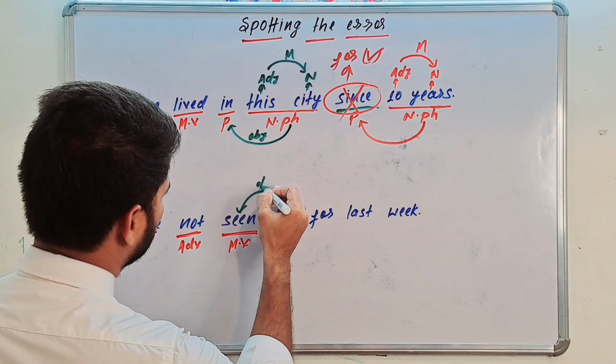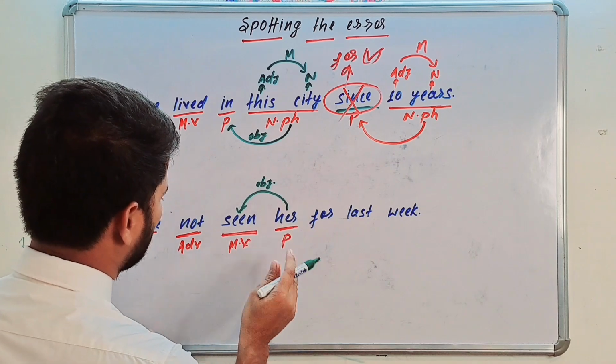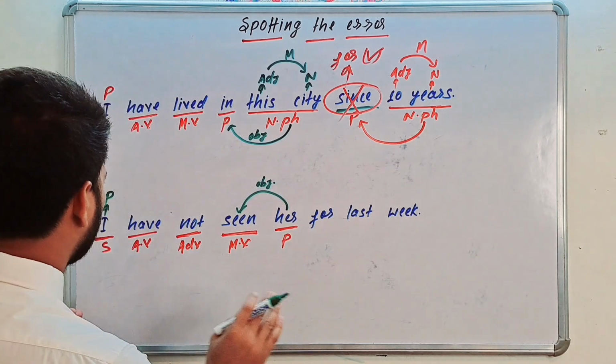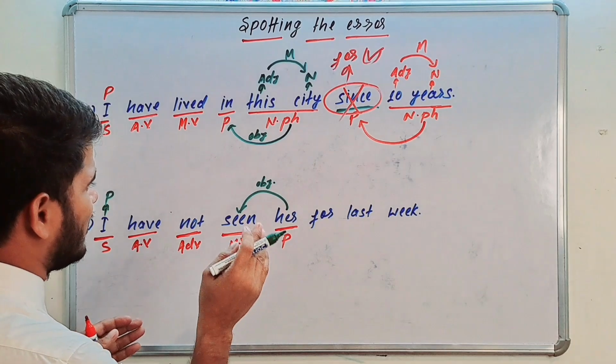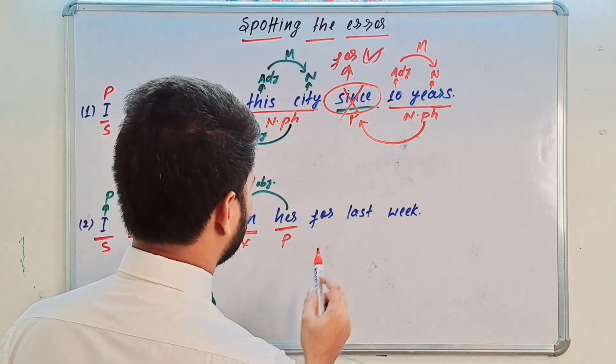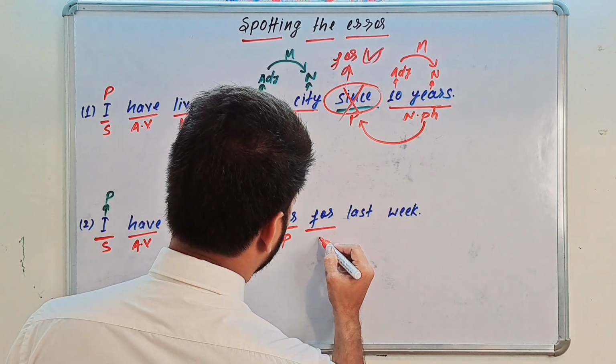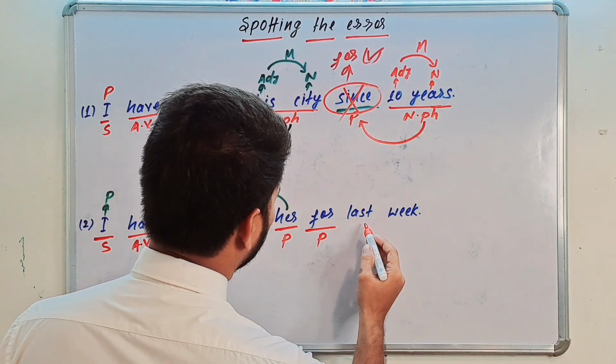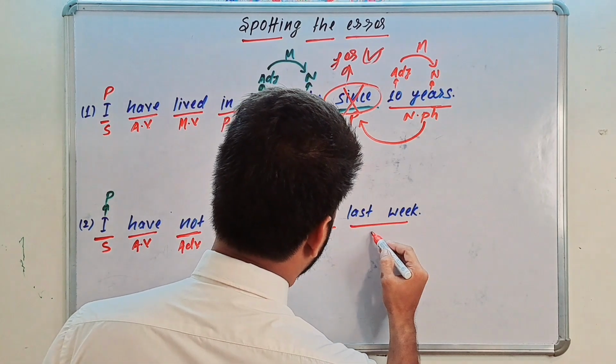Object of the main verb seen. Now, I have not seen her for last week. Here for is a preposition, and last week is a noun phrase.